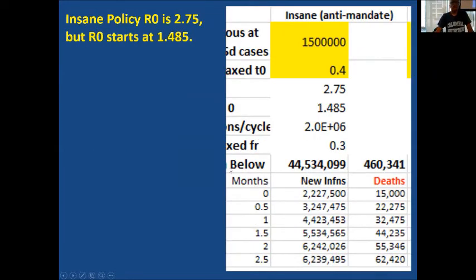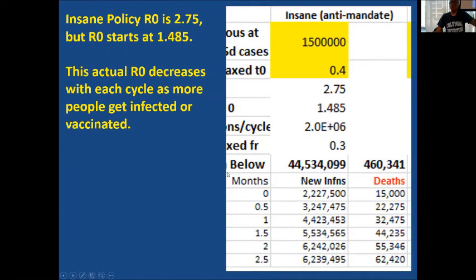And so then as you proceed, each cycle, the population now, more people are infected, right? Instead of 10% being infected originally, now you have an additional 2.2 million, and then an additional 3.2 million and so on. And also, people are getting vaccinated. Even if not at the great rate that we would want, they are getting vaccinated as well.